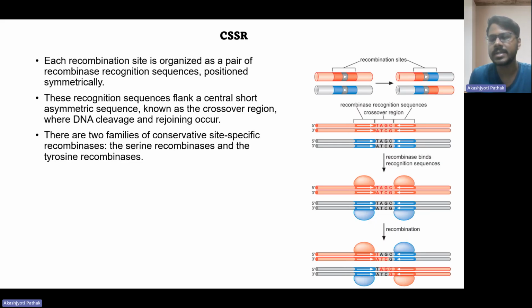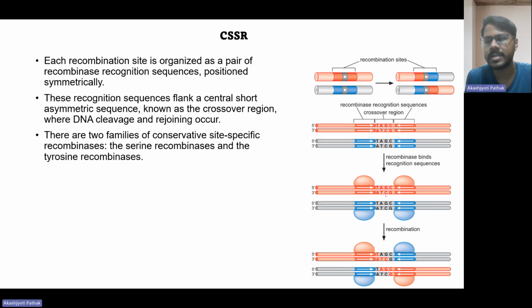And then you see here that there is exchange of the DNA sequence between the two strands. So you see here, these are the two homologous chromosomes which have aligned with each other. And here, this chromosome, which is colored in orange, is getting exchanged with the gray colored chromosome.